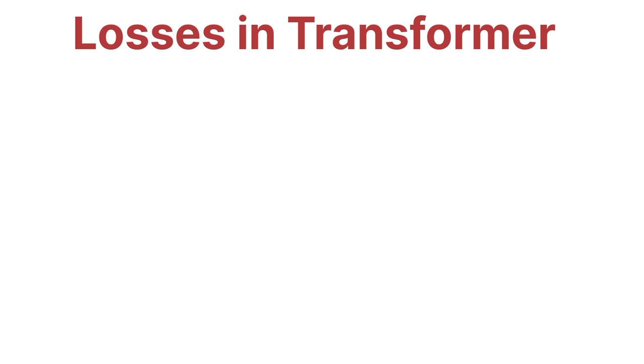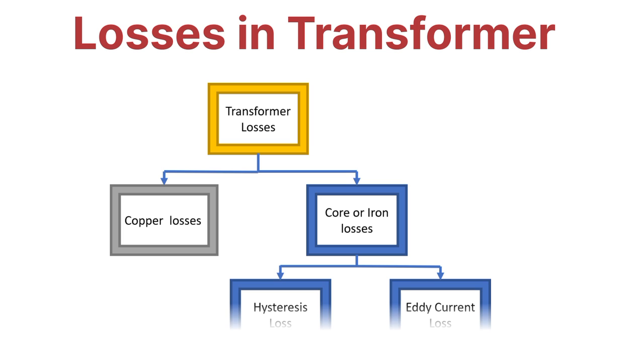Finally we are going to reach the last point, that is losses in a transformer. That is a very important point, because without the losses of the transformer you cannot proceed to calculate the value of the output section or the voltage at the output section.